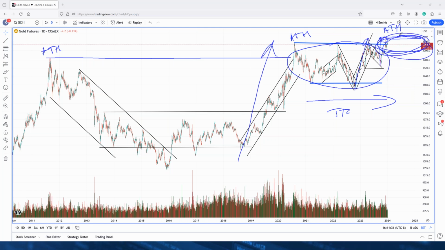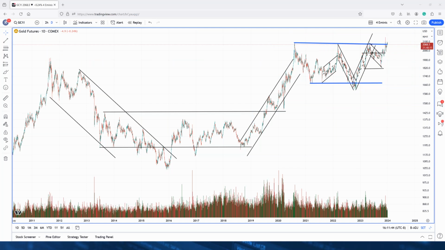So somewhere here. And that is the backup of the backup, and obviously a major backup. So that's what I'm seeing here for gold.